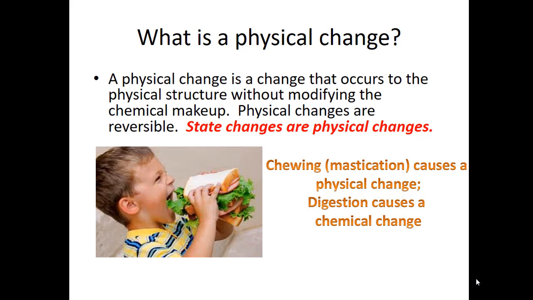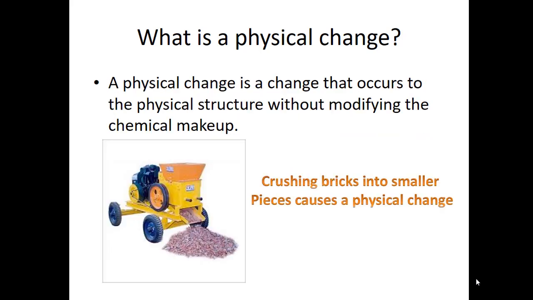Now, once the bread and the meat and the lettuce starts to become digested, and when the chemicals in your body, the acid in your stomach and things like that start working on that sandwich, then it undergoes a chemical change because there's a reaction happening between the chemicals in your body and the contents that make the meat or the lettuce or the bread up, right?